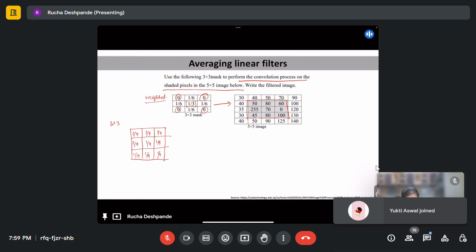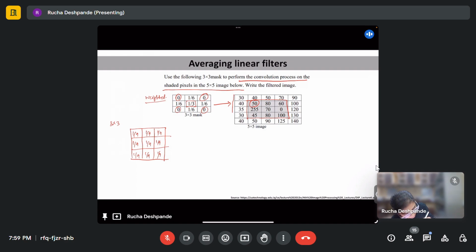If we apply this transformation, let's calculate for 50, say. The 50 pixel has to be in the center, and this filter will sit on top of it like this. The value of this pixel would be 30 into 0 plus 40 into 1 by 6. It will be the pixels of the image into the mask.